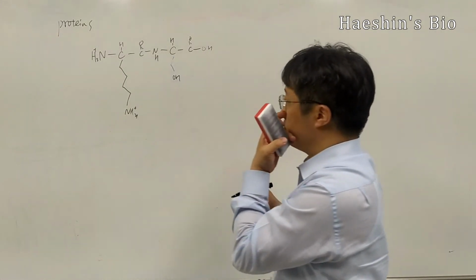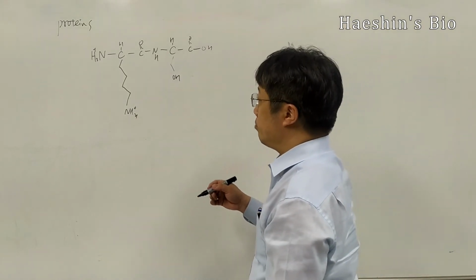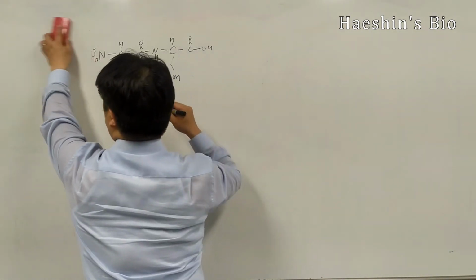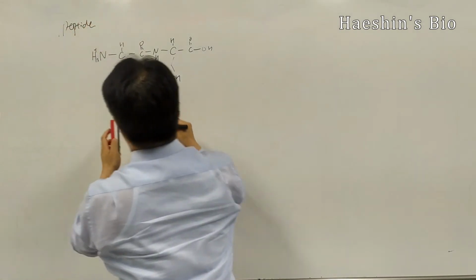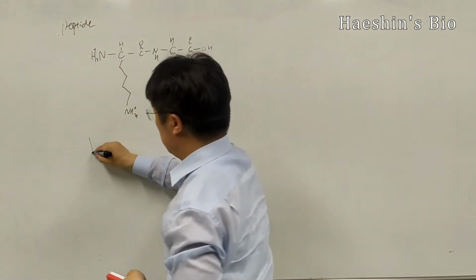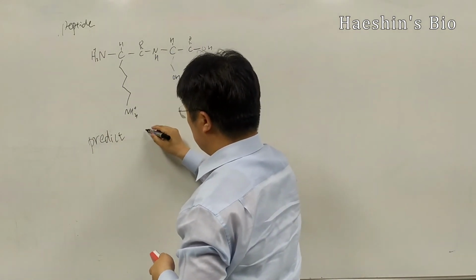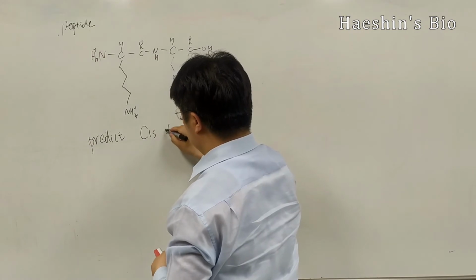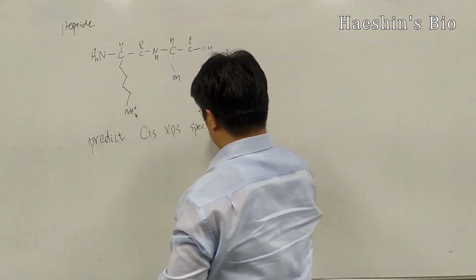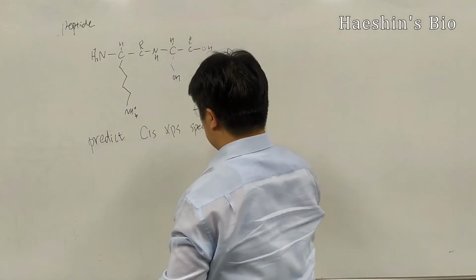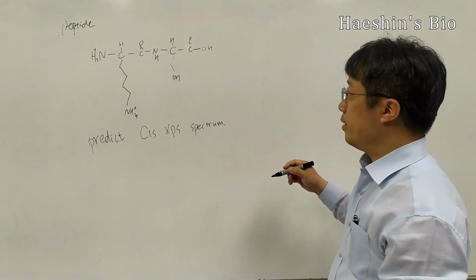For example, this is the lysine and serine peptide, or I should say dipeptide. Then predict the carbon 1s XPS spectrum. So this might be the practical example that I give you.